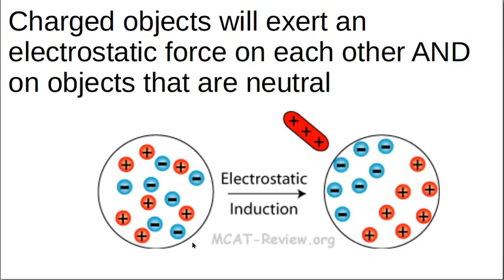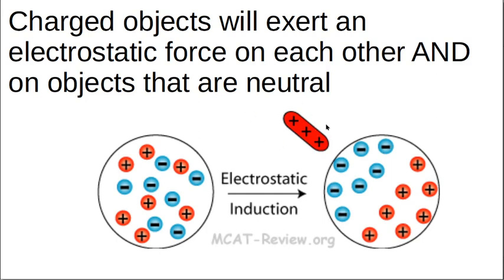One of the things that happens is if an object has a charge, we know that like charges repel and unlike charges attract. So then sometimes they say to you, what's going on? This charged object over here is exerting a force on something that is neutral. And this is because you have to remember the nature of electrons. So charge is coming from electrons, and electrons are small and whizzy and can move around.